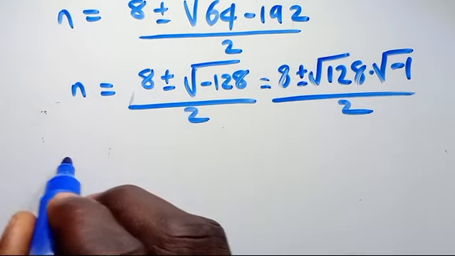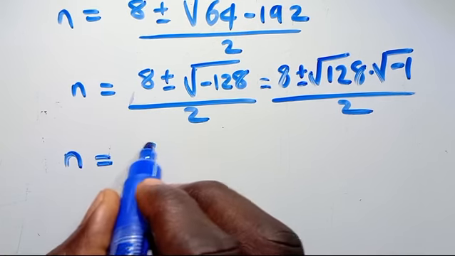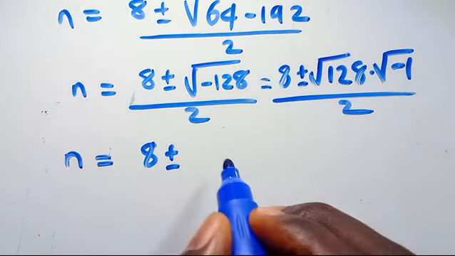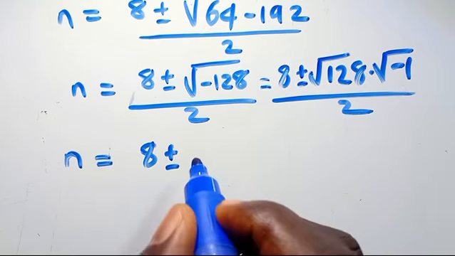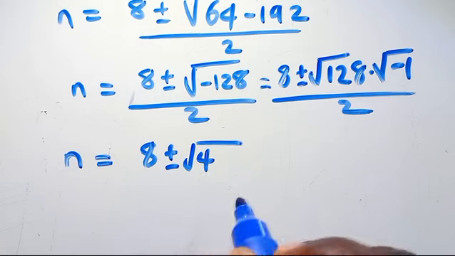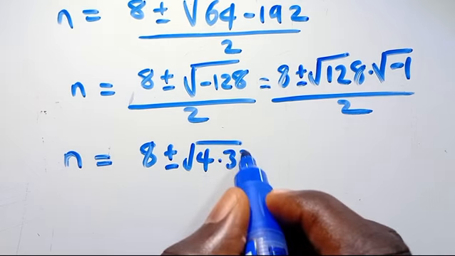So we have n equals 8 positive or negative. This 128 can be divided by 4, so we have 4 times 32.